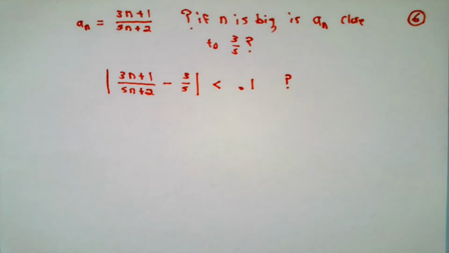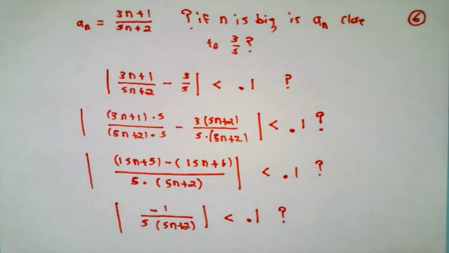And what we're most interested in is this. It's possible that maybe this isn't always true, but after n is a certain size, then it is. At this time, we don't know which of those possibilities is true. We're going to do some algebra to see what happens.